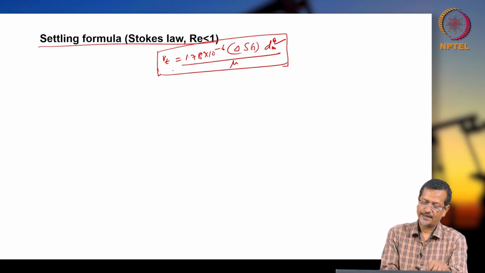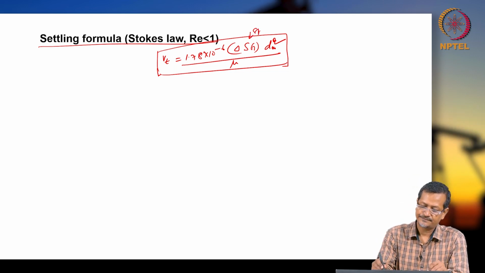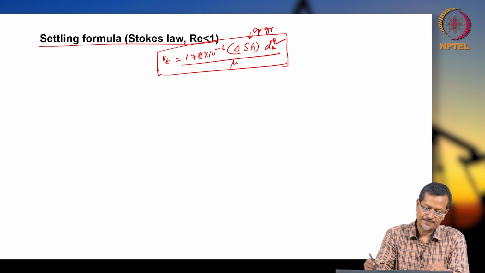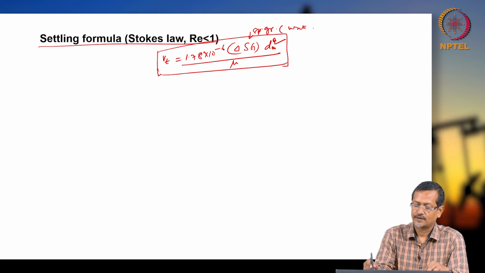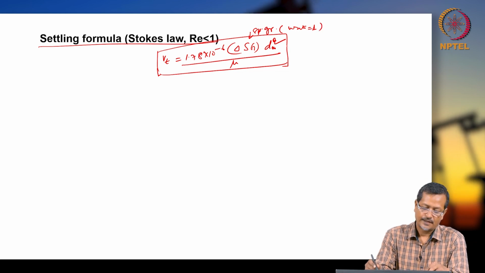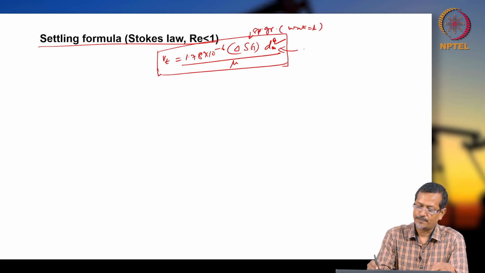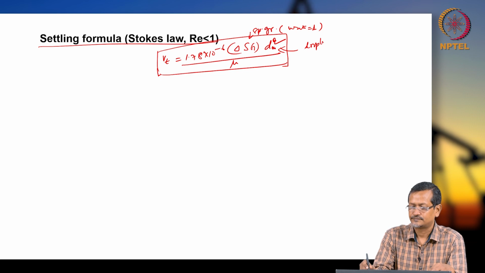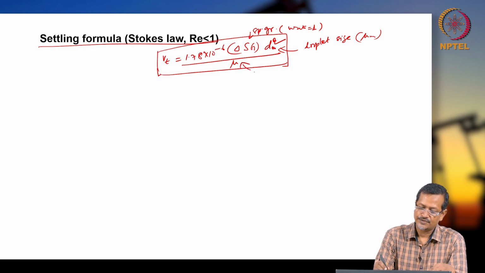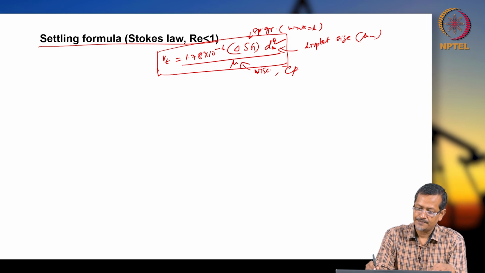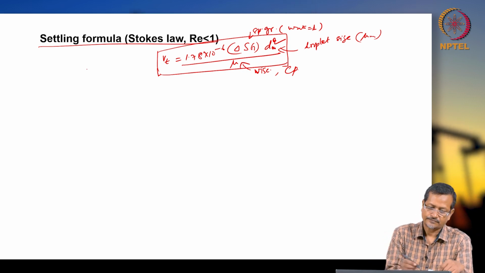Okay, so del Sg is specific gravity, related to water equals 1. dm is droplet size in micrometer or micron. Okay, mu is the viscosity, in Cp.